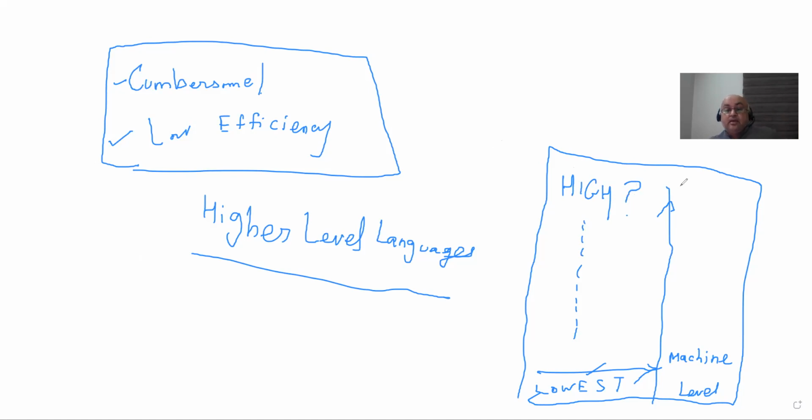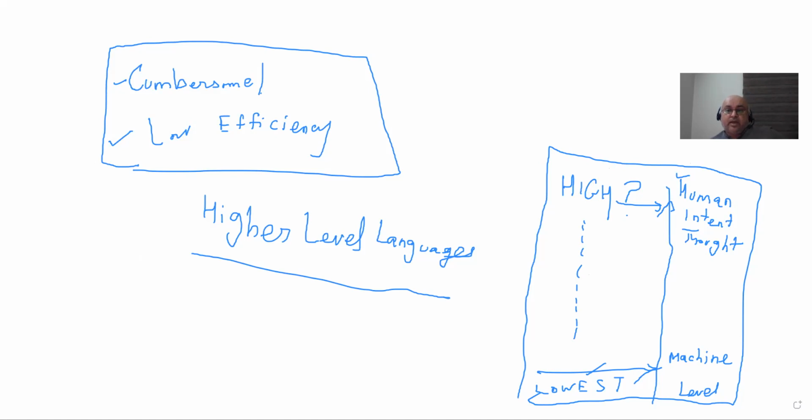It is closer to human beings, right? Human intent and human thought. So anything which is closer to human intent and thought, the closer it is, the higher level language it would be categorized as. All right.